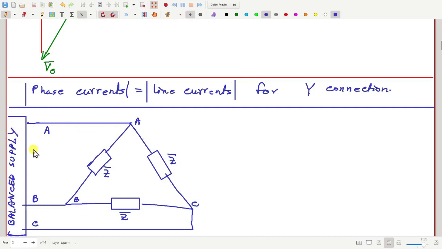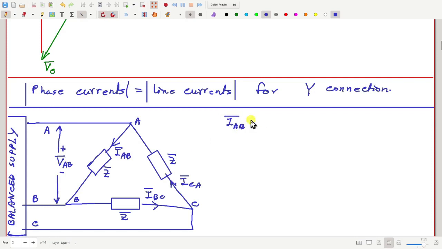Since this system is completely symmetric, you can readily guess what will happen to these three currents. If I call them IAB, IBC and ICA, and say this is VAB, then how much is IAB?